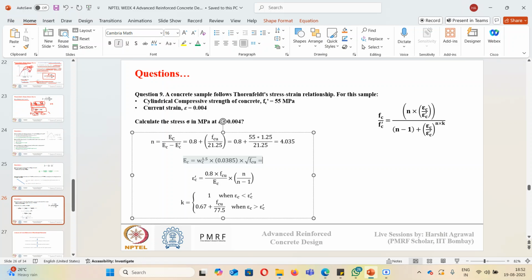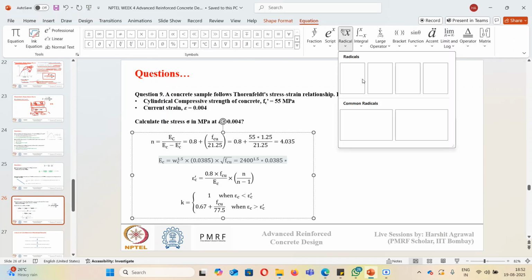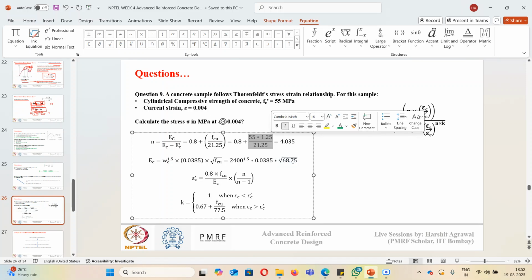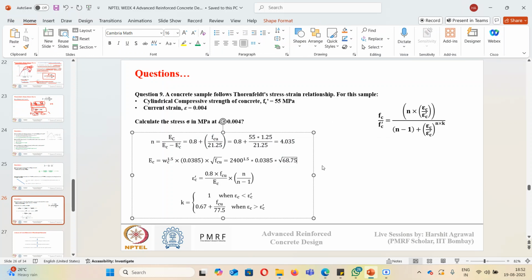The density of concrete is generally 2400 to the power 1.5, then the 0.043 factor given to us, and finally root fcu. Again this is cube ultimate strength, so we have calculated 55 into 1.25, which will come out to be 68.75.